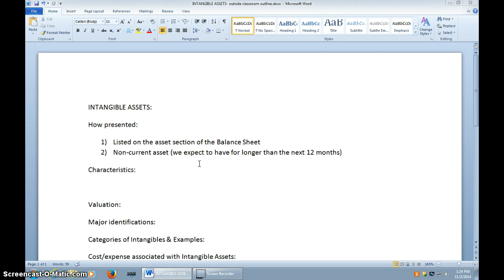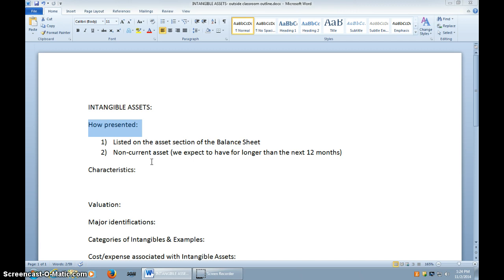So intangible assets, as you can see on the outline here, are presented on the asset section of the balance sheet: something we own, future benefit.